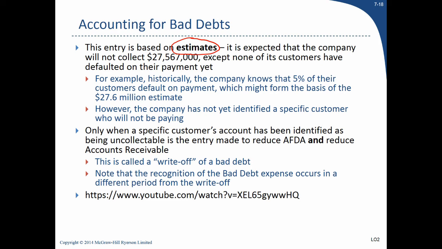There's an invoice that says it cost $1,000. There's no argument that you paid $1,000 for it, right? When you sell to a customer, an iPhone will cost you whatever, $600. You go to the Apple store, you pay them $600, and you get the iPhone. There's no real estimate in that number. Okay, the problem with bad debt is we don't exactly know which of our customers will default and for how much. So we have to make an estimate.